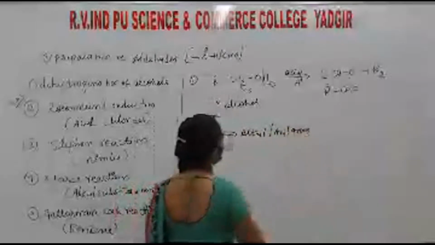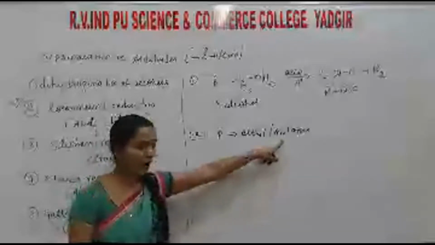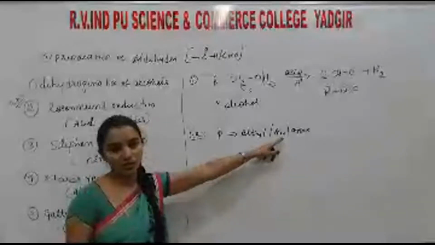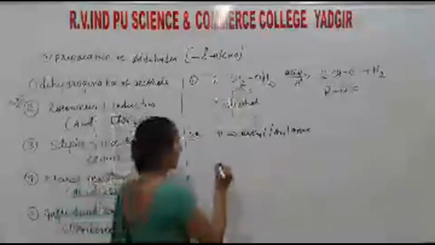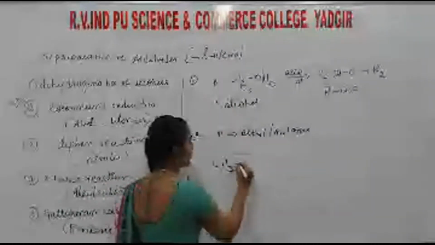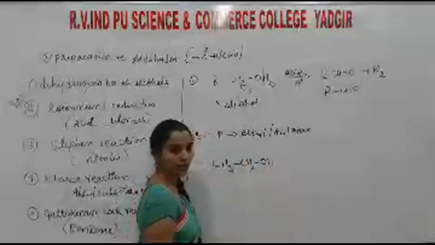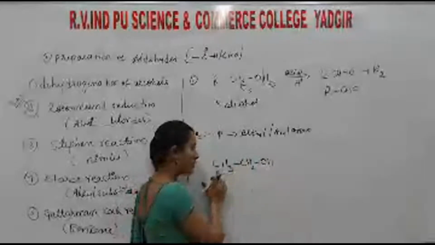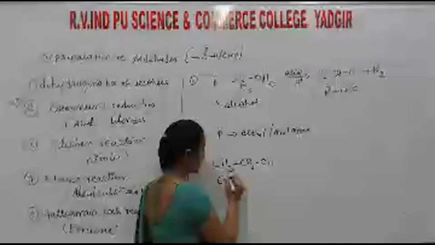Alkyl means any CH3, C2H5, whatever it may be, straight chain aliphatic compound. Aryl means benzene ring compound. You may replace the R group by any of the following. So I'll give one example and just replace R group by CH3. CH3, CH2, OH. What is this alcohol called? Two carbon atoms are there. So that's why it is ethanol.